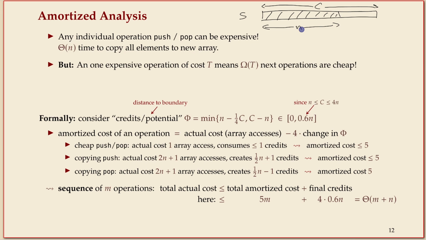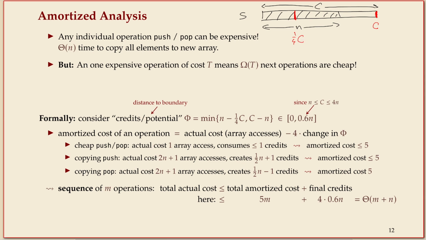Now there are two magic thresholds where we get active. One is when the number of elements reaches the capacity. And one is when it is just a quarter full. So here we have the mark C, and here we have a quarter of C. That's when things get expensive.